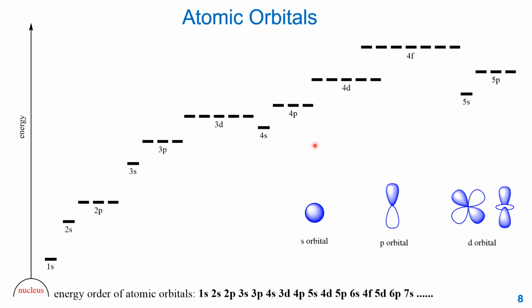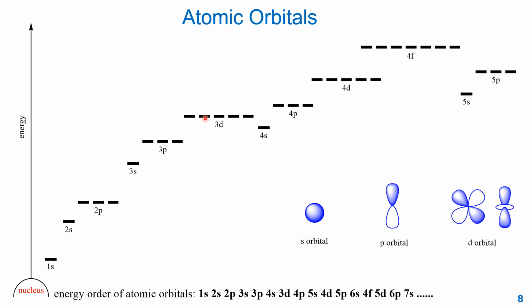There's a rule. In each atomic orbital, the maximum number of electrons is 2. So in the 1s orbital, you can also say 1s subshell, the maximum number is 2. 2s, also 2. The 2p subshell could have up to 6 electrons because there are 3 orbitals. 3s, 2. 3p, 6. 3d, 10, because there are 5 orbitals.